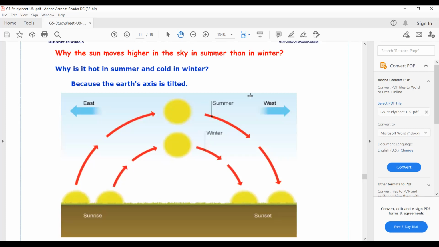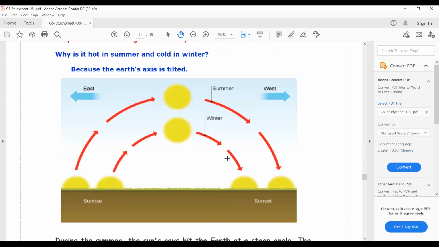Why does the sun move higher in the sky in summer than in the winter? Why is it hot in summer and cold in the winter? Because the Earth's axis is tilted. If you notice the position of the sun at noon, you will find that in the summer, the position of the sun is higher than in the winter.